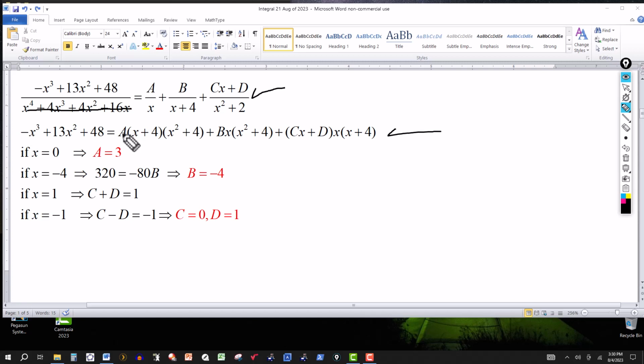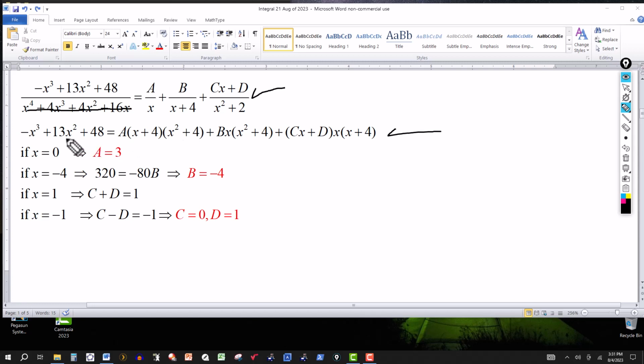So if you put together all the terms that have x cubed and set that coefficient equal to the left side, that has to equal -1. All the terms that have an x squared, the sum of that has to equal 13. The constant has to equal 48. And of course there's no x term, so whatever coefficients the x term has on the right side has to equate to 0.